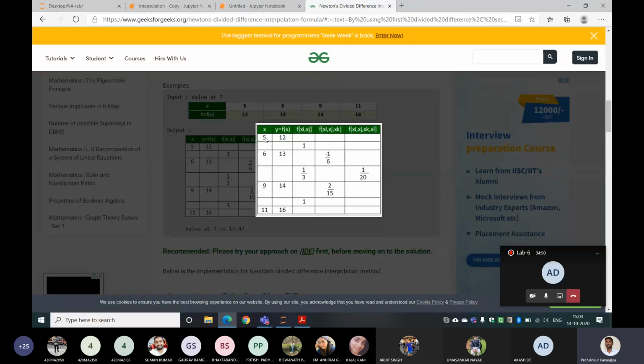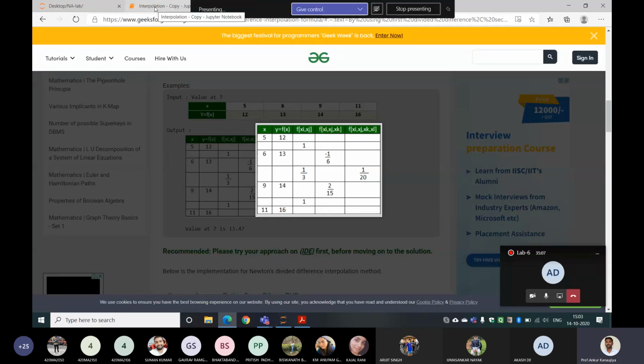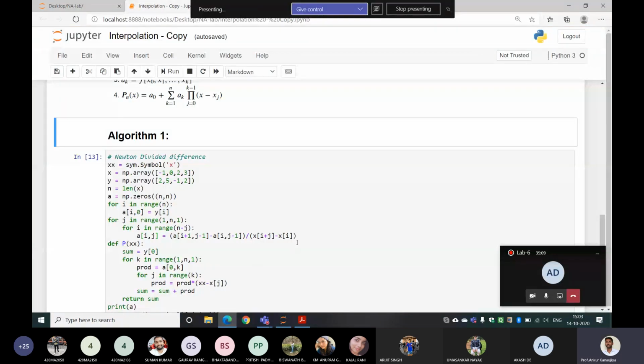That difference is 2. Similarly, if you want to calculate this, that is 11 minus 6, that means x3 minus x1. That difference is again 2. So that's why x i plus j minus x i. So this divided difference formula is clear.